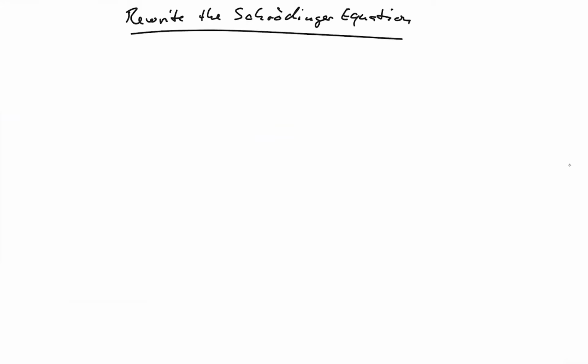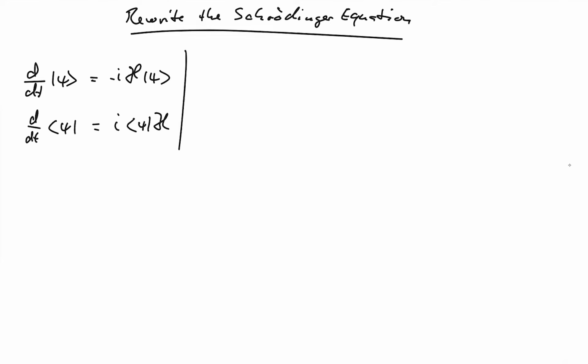And this is simply, well, we know the conventional writing, d over dt psi equals minus i H psi, without the h bar. And when we calculate this for the ket vector, we can also calculate it for the bra vector. This looks then slightly different. That is here d over dt psi bra equals plus i, because of the complex conjugate, times psi bra times H for the Hamiltonian.